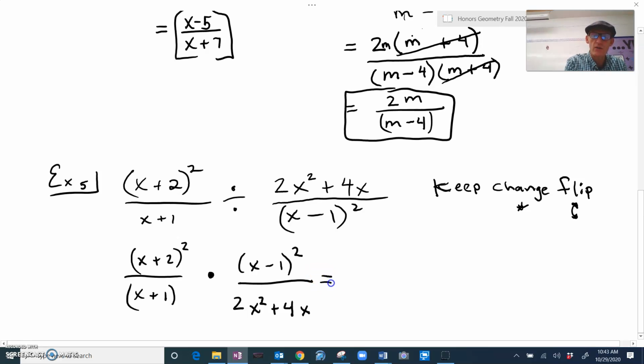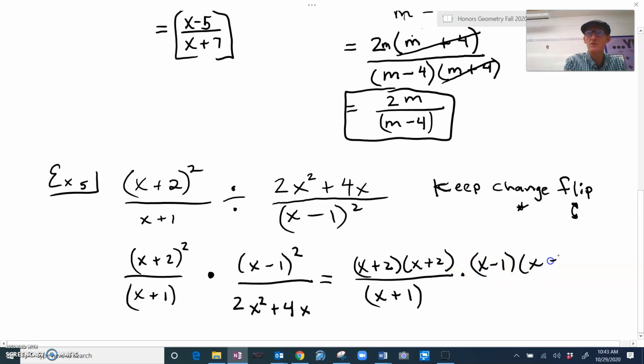So then this now is x plus 2 times x plus 2 over x plus 1 times x minus 1 times x minus 1, that's the x minus 1 squared, divided by, this looks like it needs to be factored. So I'm going to factor out a 2x. 2x divided into 2x squared is x. And 2x divided into 4x is 2, plus 2.